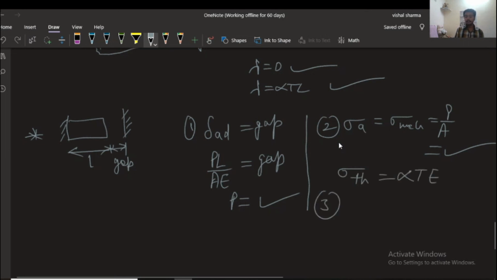The total stress will be given by sigma axial plus sigma thermal.